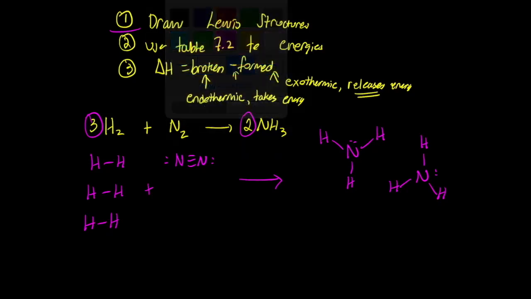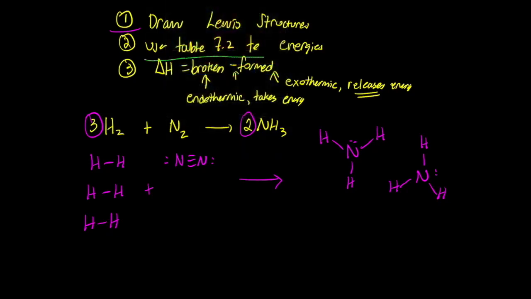Now, when you use Table 7.2 to get energies, you're just getting the energy of one single type of bond. So an H-H bond is worth 436 kilojoules per mole. A nitrogen triple bond nitrogen is worth 946 kilojoules per mole.